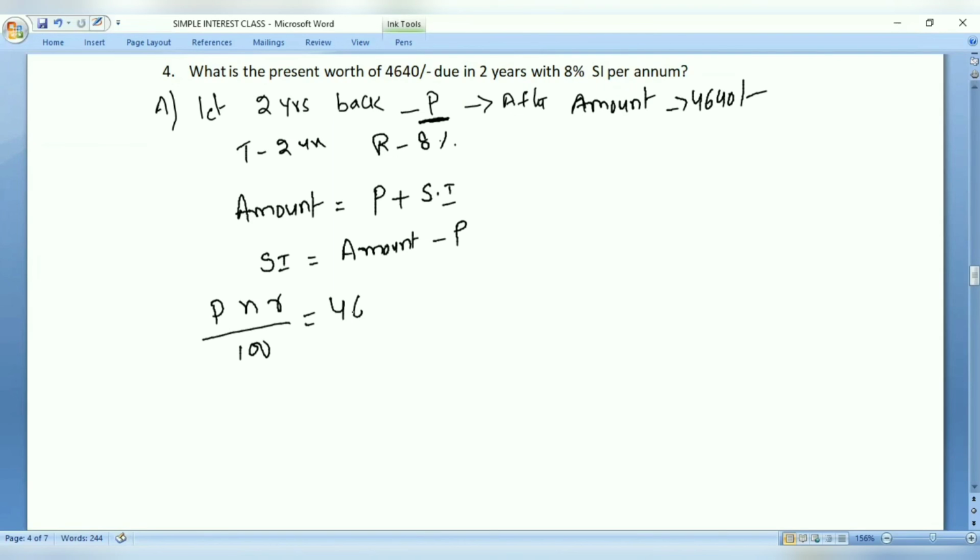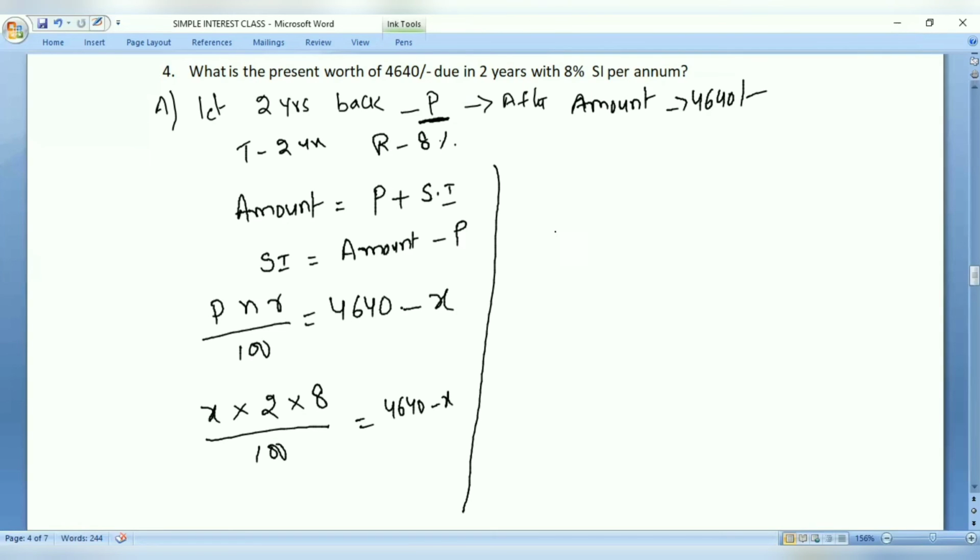What is the amount here? 4,640, right? What is the principal that we have received? We do not know. So let it be X. Now, if you cross multiply, the principal is what we do not know. The time period we know, that is 2 years. Rate of interest we know, that is 8%. Divided by 100 is equal to 4640 minus X.